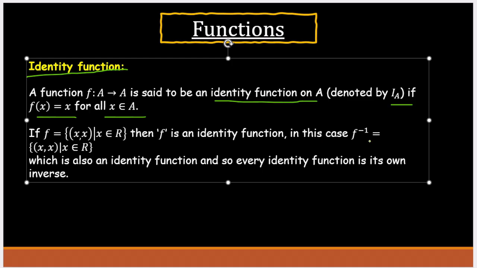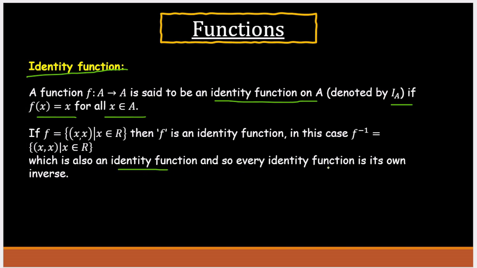In this case, f inverse is equal to {(x, x) such that x belongs to R}, which is also an identity function. So every identity function is its own inverse, because the inverse function is also the same as the function.